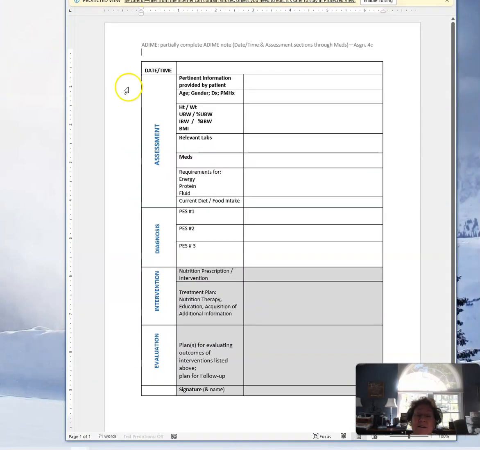All right, so this is assignment 4C, and we're going to revisit Mrs. Sowery's ADIME note so that you can continue to work on development of her PES statements. We'll look at these also on Tuesday night for possibilities. I would just remind you that every time you're writing the problem and the etiology portions, you must use the standardized terminology list that I provided in Blackboard.